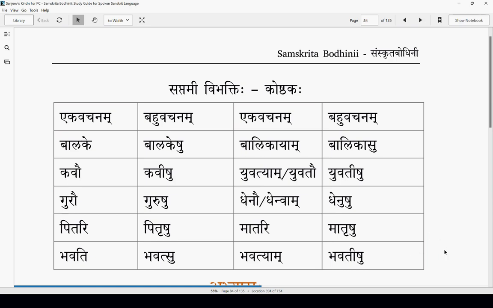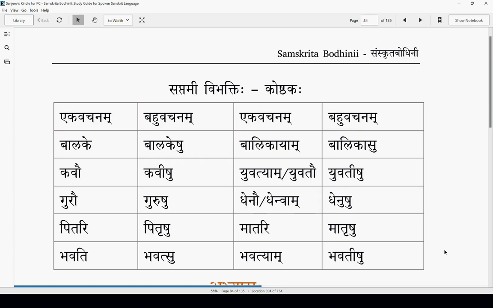The first matsya shabdasya bahuvachana rupam kim? Matsyah iti ekavachana rupam. Matsyah. Then kriyapadam kim bhavati? Santi. Matsyah santi.